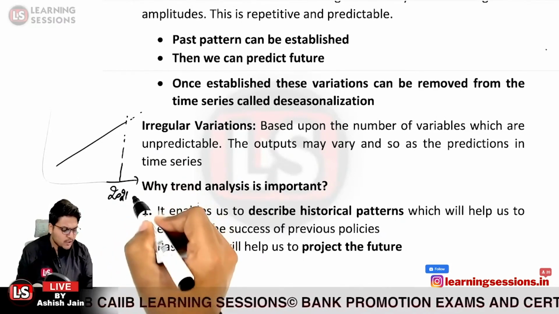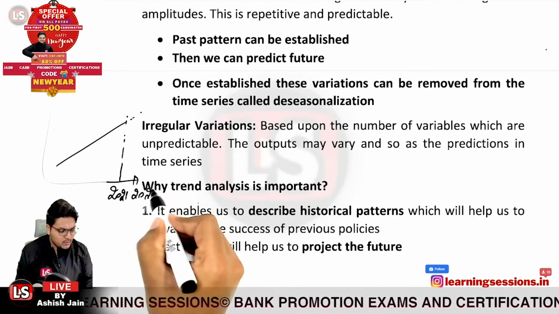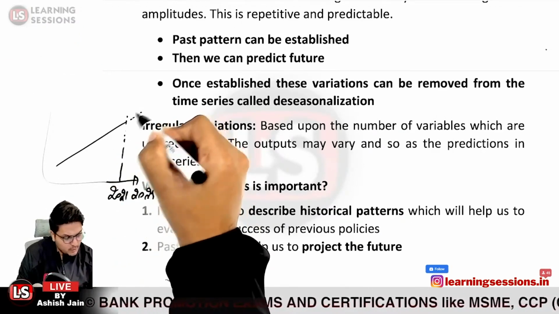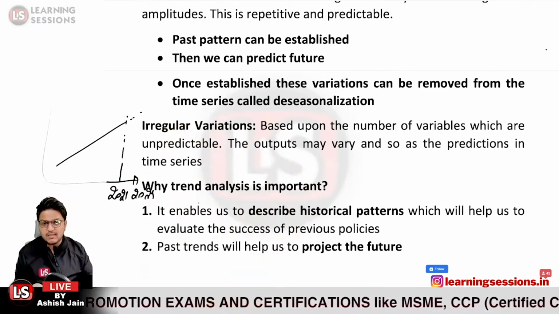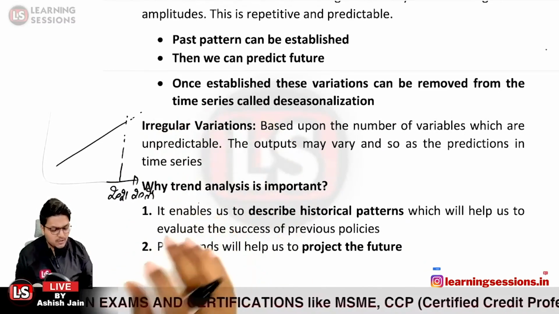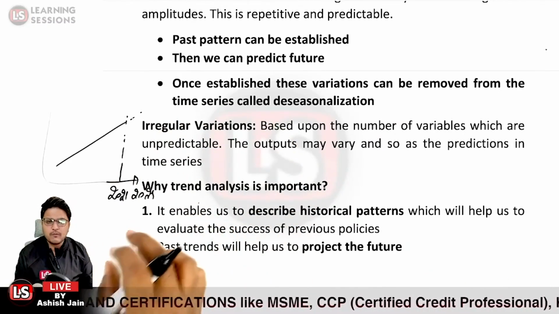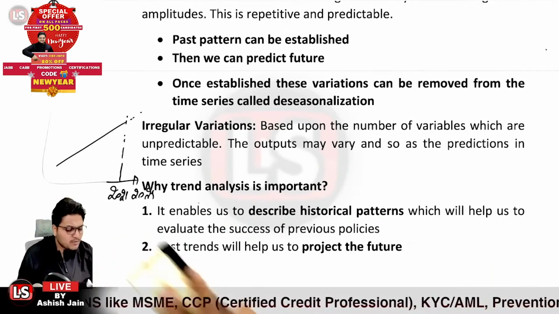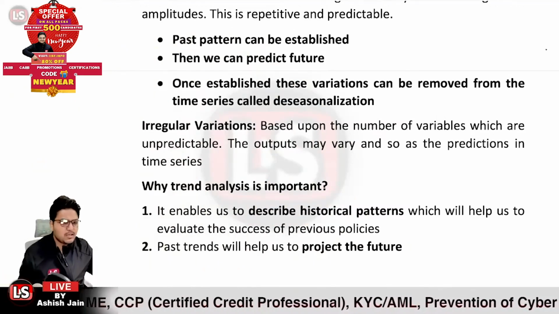Let us take it as 2021 and 2025. So we can predict the future somehow, what the projection related to this trend line would be. If it has been increasing for a longer duration of time, I can predict from the past data itself. That is related to predicting the future, or we can forecast the future data from it.